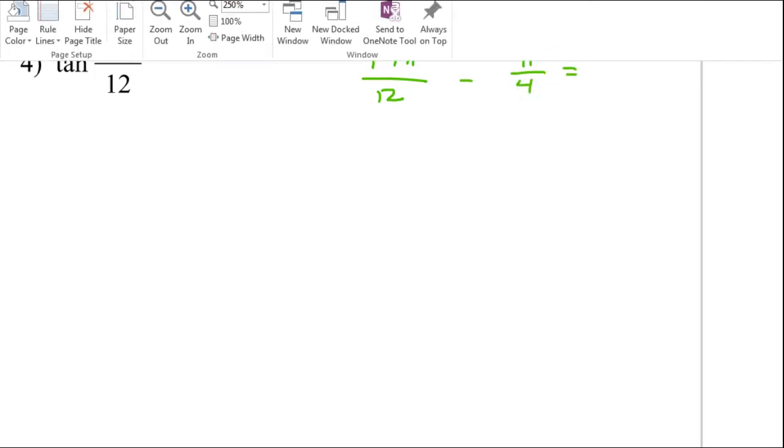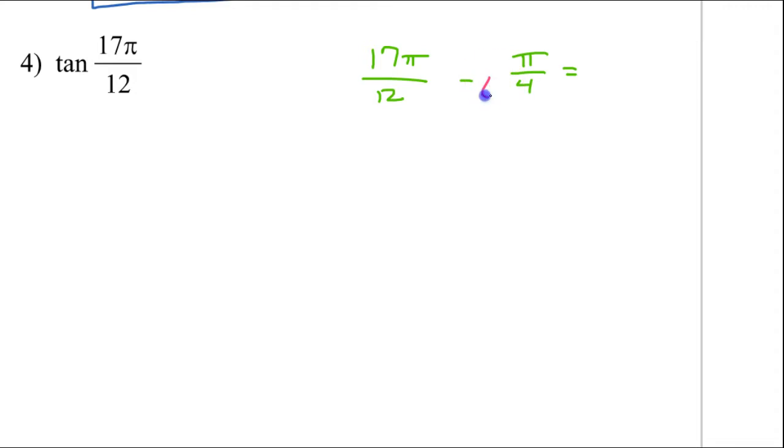To get like denominators, I'm going to need to multiply by 3, numerator and denominator. Okay, so 17 pi over 12 minus 3 pi over 12 is going to be 14 pi over 12. So, well, that's going to reduce down to 7 pi over 6.